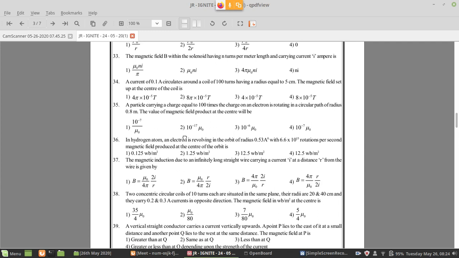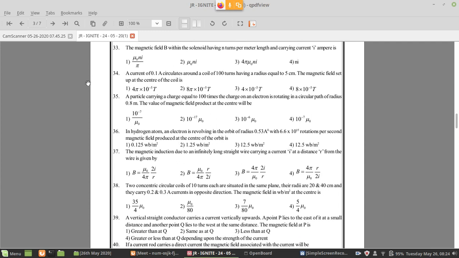Right. 34th. A current of 0.1 amperes circulates around a coil of 100 turns having a radius equal to 5 centimeter. The magnetic field set up at the center of the coil is. How much will be the magnetic field? What is the formula you will use for this? Anand, what is the formula for this? 34th question.